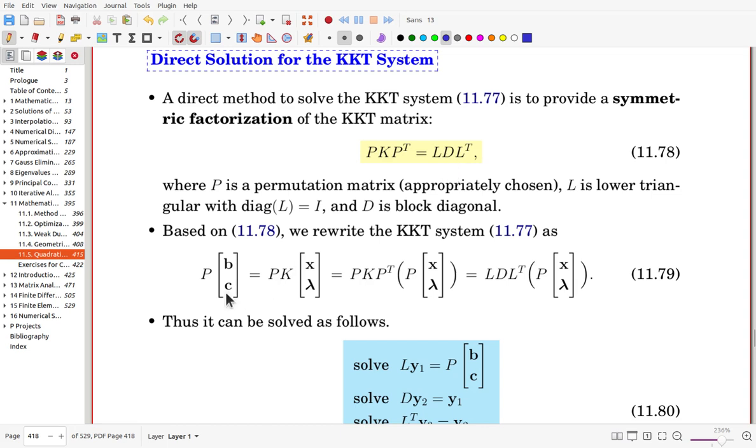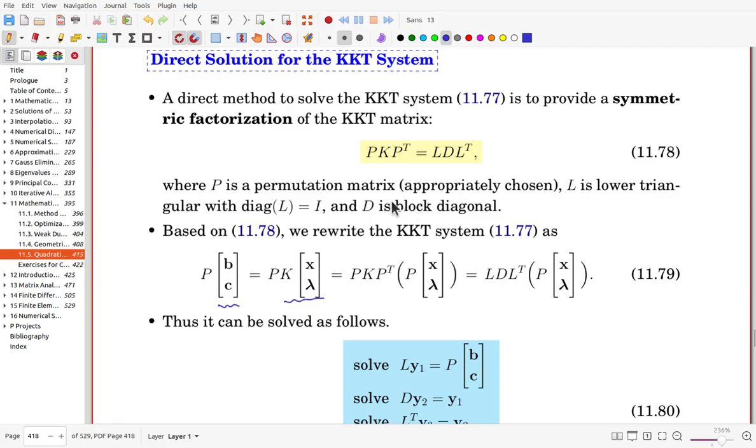Okay. Now we start with P. For the right side of the KKT system, we multiply by P, that permutation matrix. Now this right side is the same as this left-hand side.